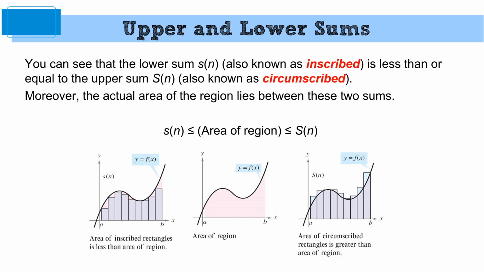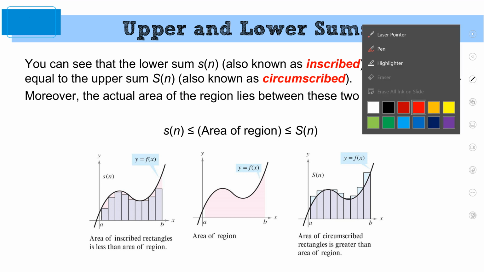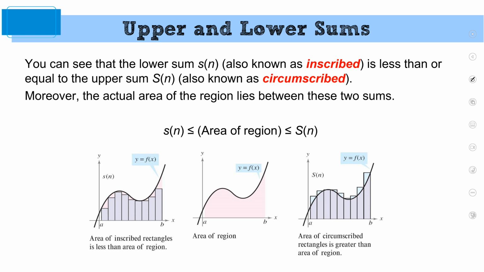Now notice, let's look at the picture all the way to the right. If I pick one of those rectangles at random in that picture, let's say for instance, this guy, that's a circumscribed rectangle because it's above the curve.